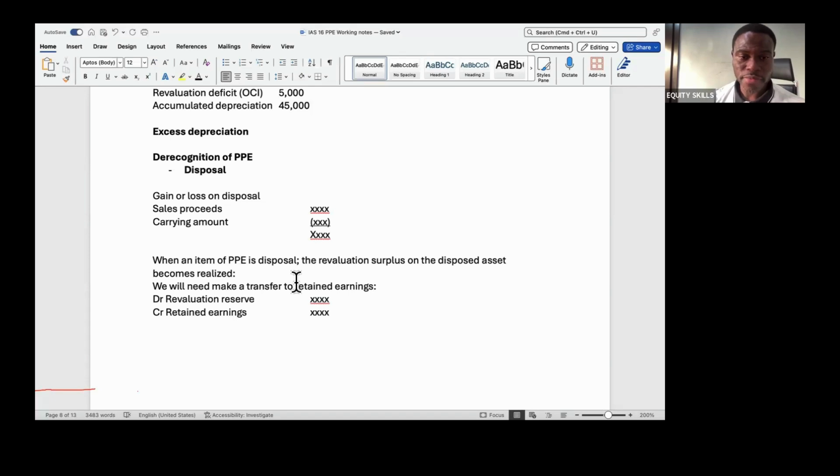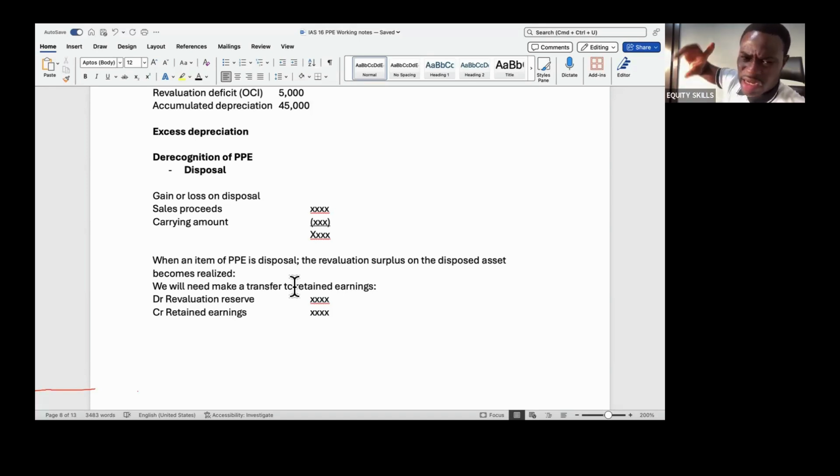Okay, I have a concern. My concern is this. Why are we waiting till we dispose these assets before we transfer this reserve to retained earnings? Why do we have to wait for so long? I think there's something wrong with that, because if the reserve is huge, that particular year makes us look as if we have done so well in that year alone.